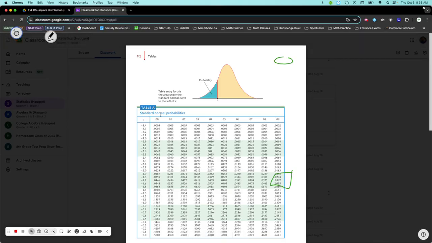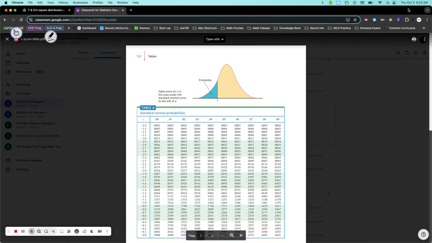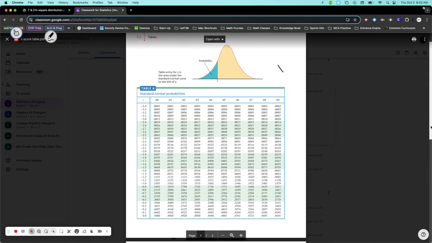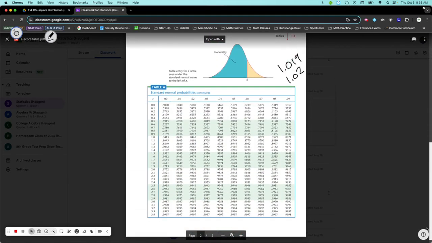So here what we would do is we'd take our score, which was 1.019, which I guess I would have to round because I can only look up 2 decimal places. But I got to be a little careful because most of the time, and I did this earlier too when I was double checking stuff yesterday, I looked up 1.02 on this side, right?